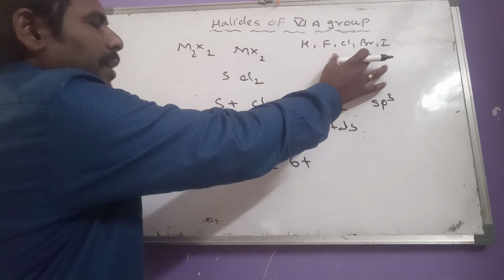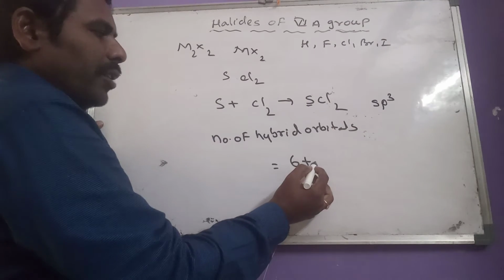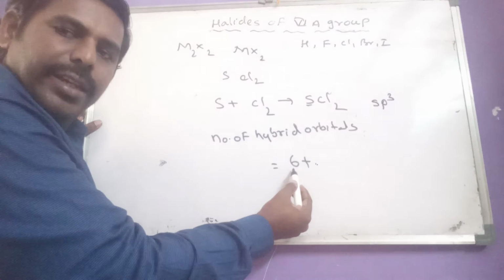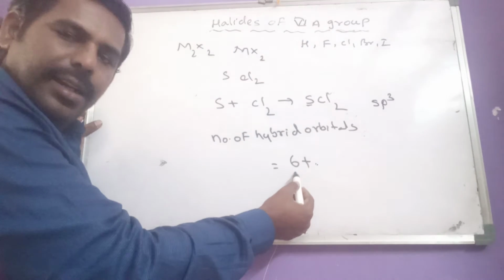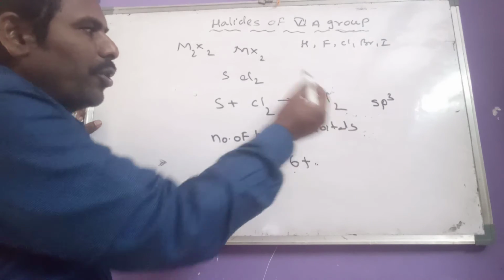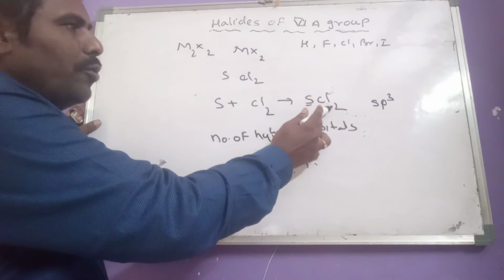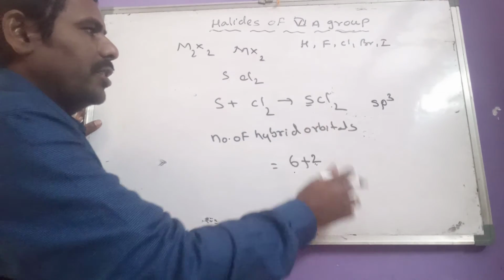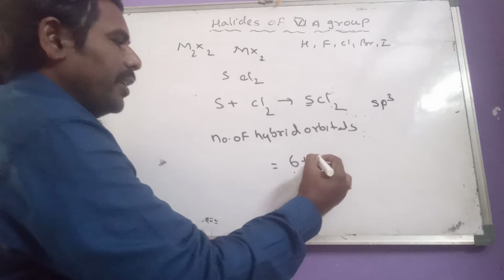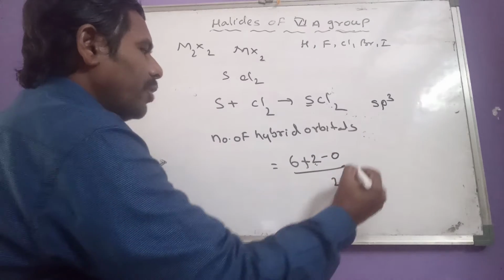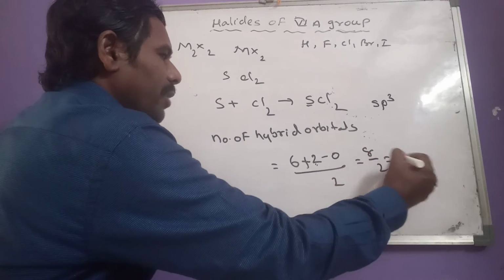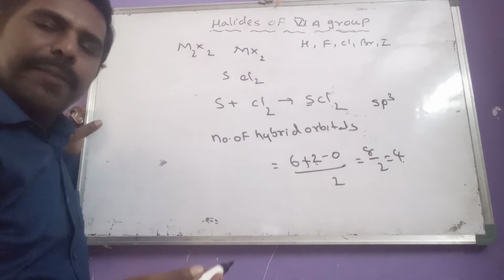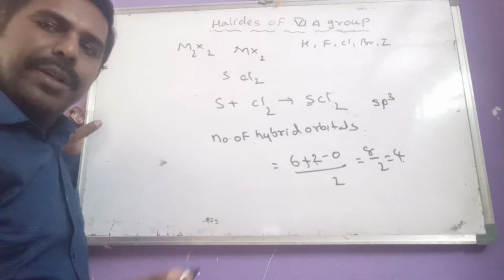So if these are present along with the central atom, only those numbers we have to write here. So it is the group number of the central atom plus the number of monovalent atoms. Here two monovalent atoms are there. So 6 plus 2 minus charge. Here no charge is present on SCl2. So minus 0, divided by 2. So now 8 by 2 means 4. So the number of hybrid orbitals is 4, which means sp3 hybridization.